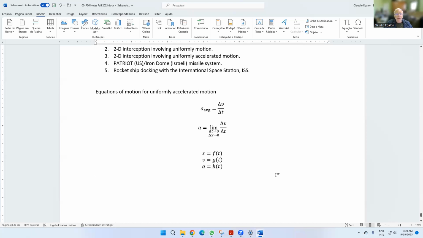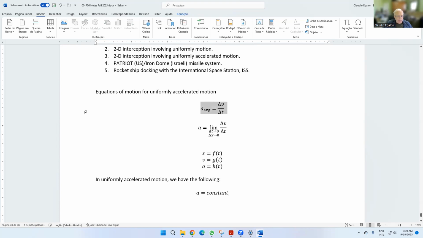Our starting point is right in here. In uniformly accelerated motion, we have that A is constant.